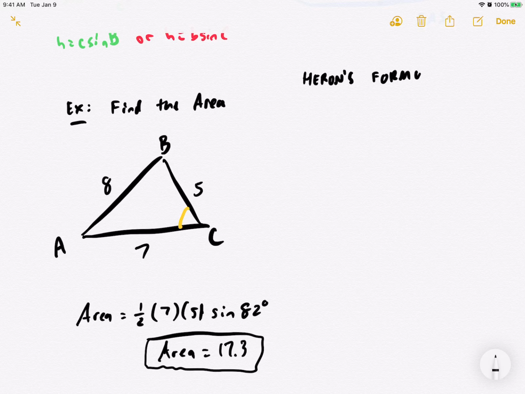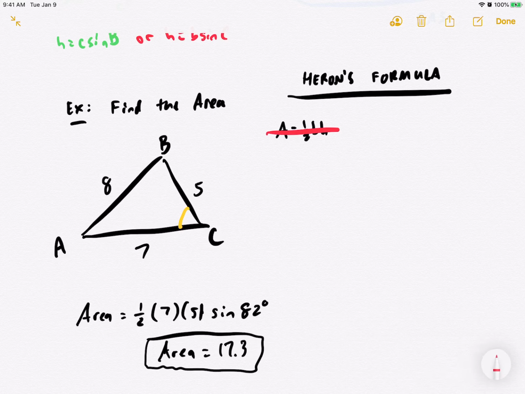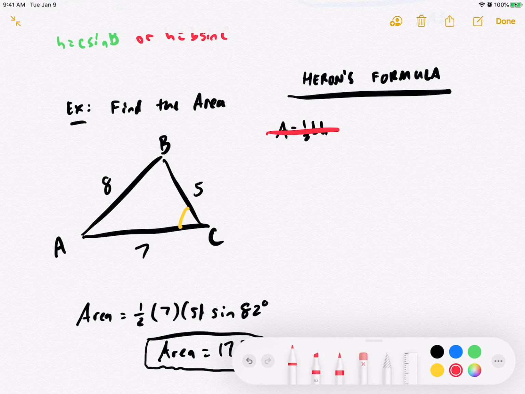Well, I guess that's what we call it now. I don't know if he named it after himself, or if we probably named it after him. Heron's formula is a way to say, okay, half base times height is nice, but I need to know the height perpendicularly.